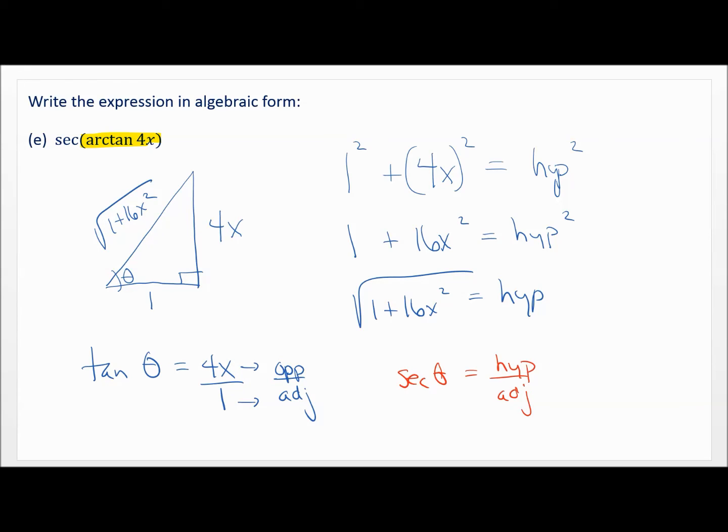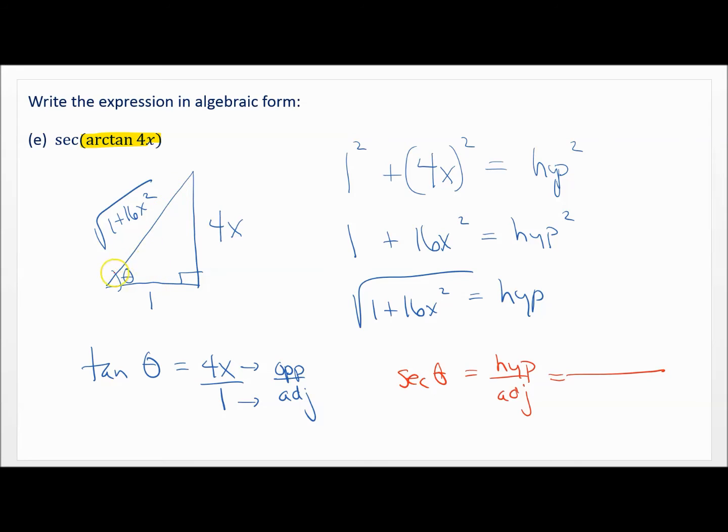So anyway, we've got secant of theta is hypotenuse over adjacent, and the hypotenuse, looking at our triangle, remember, that's the side across from our angle. So it's 4x divided by the adjacent side, which is 1. Oh, goodness gracious. It's not 4x.